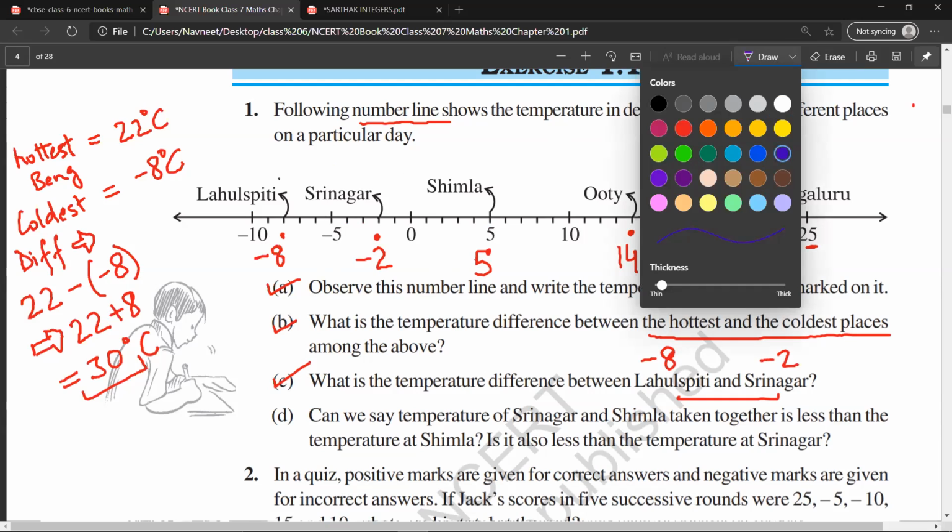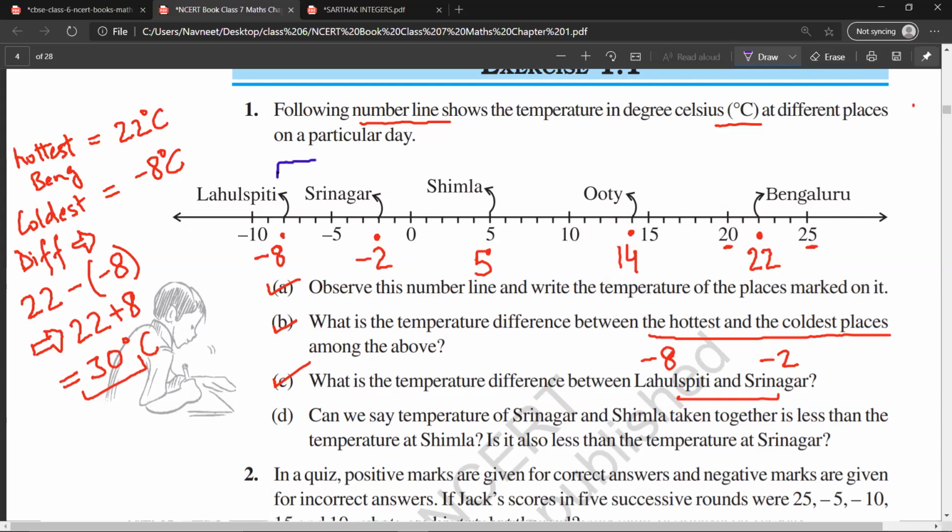The difference between these two is -8 and minus -2. -8 plus 2 would be -6. Is it okay, Mr. Sarthak? Yes, sir.